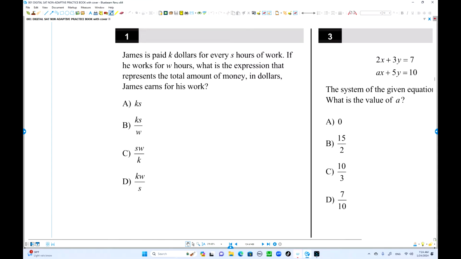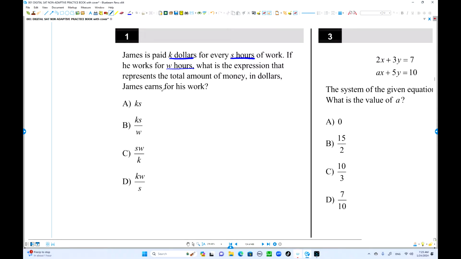All right, here is number one. I'm going to use Desmos over here. Okay, Jamie's paid $K for every S hours. If he works for W hours, what is the expression that represents the total amount of money?